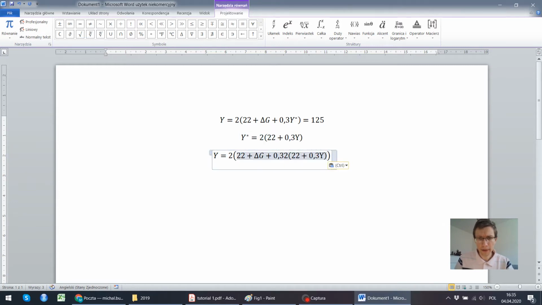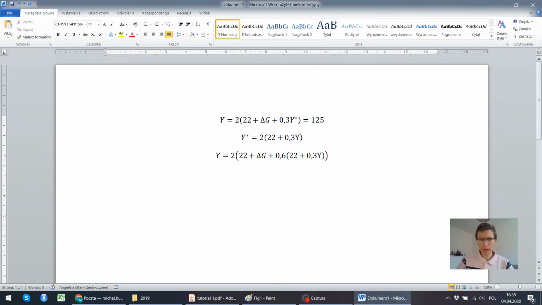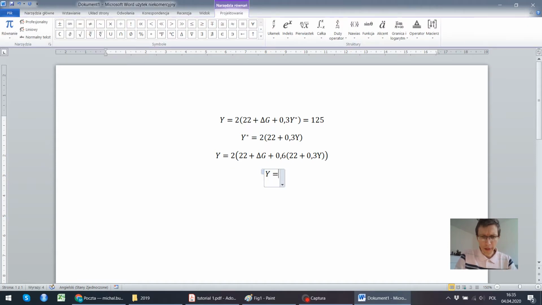Okay, so we have 0.3 times 2 times the bracket. So let's put here 0.6 immediately. So this means that on the left hand side we are left with y.